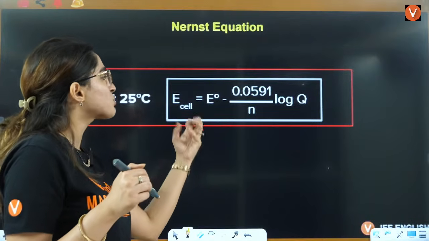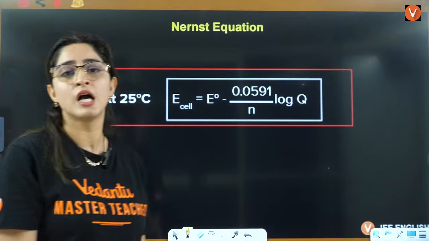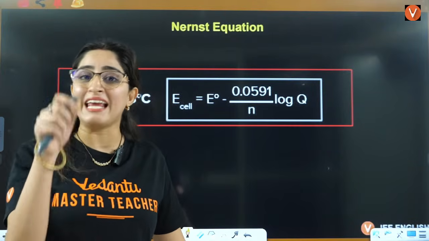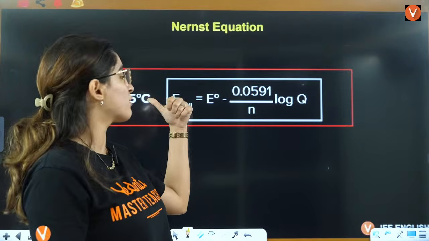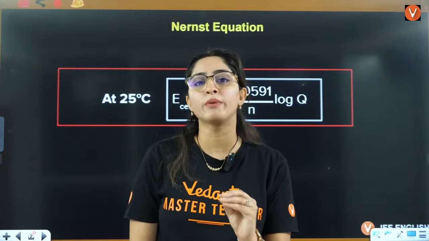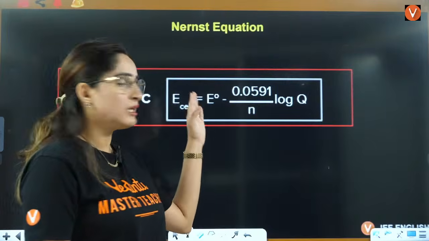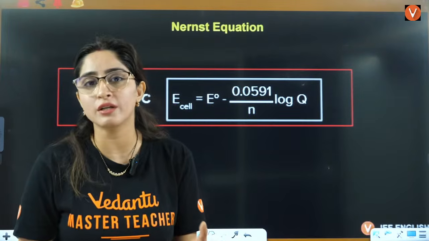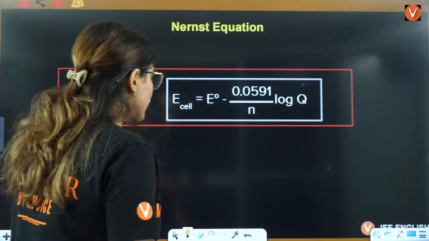E cell is equal to E naught minus 0.0591 by n log of Q. If you don't know how to calculate each term, how to calculate Q, how to calculate n, how to calculate E naught cell, then you won't be able to apply this equation. Important thing is that Q, n, E naught cell are not directly given in the question. You have to calculate that. So one by one I'll talk about that.